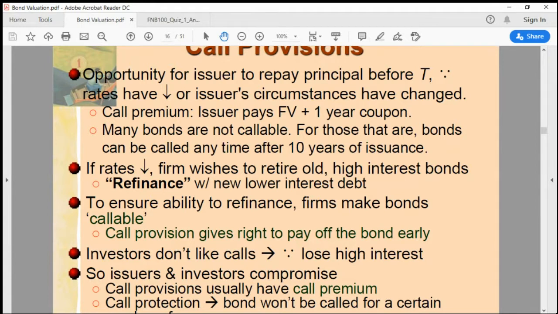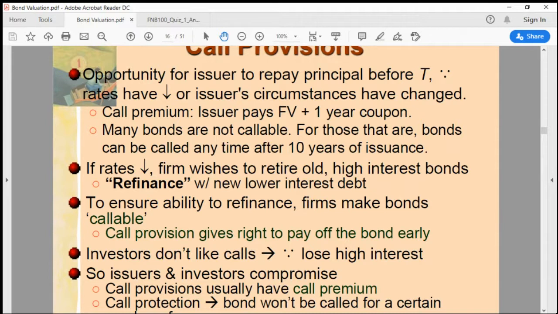And how do you know if a bond is callable or not? You have to read carefully the indenture. What's the indenture? Indenture is like the contract of the bond. It details everything about the bond: what is the coupon rate, what's the maturity, and whether it's callable or not.